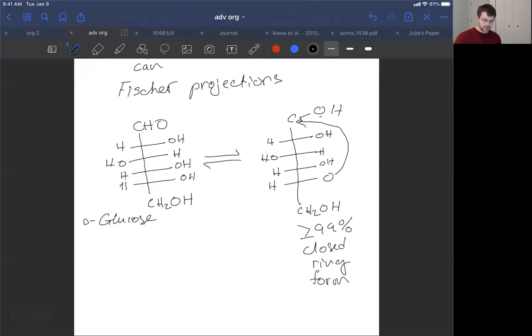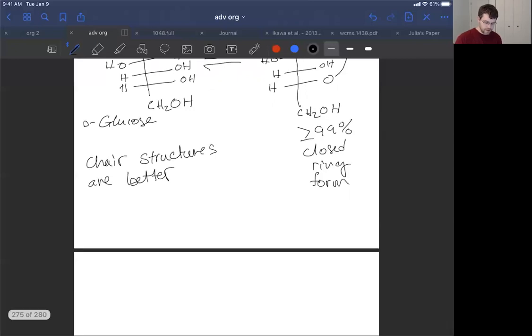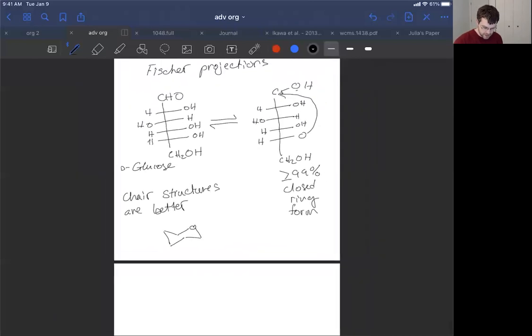So what does that look like? Three-dimensionally, chair structures are better, where we consider a chair structure with an oxygen inside the ring. If I zoom back out, you can see that that oxygen inside the ring was the oxygen that attacked the carbonyl.